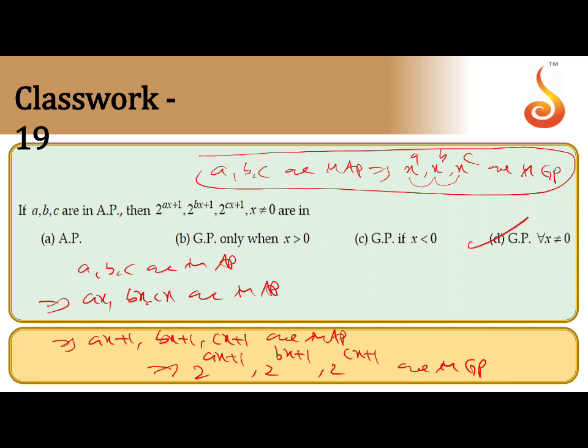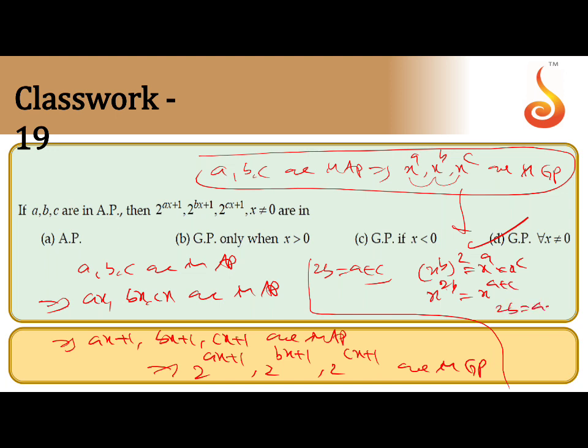So I will explain how this comes. A, B, C in AP means 2B equals A plus C. If these are in GP, then x power B whole squared equals x power A into x power C. So x power 2b equals x power a plus c, then 2b equals a plus c. That means both are equal. So from this 2b equals a plus c, which means they are in AP.